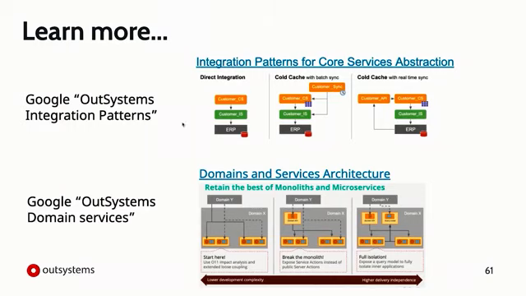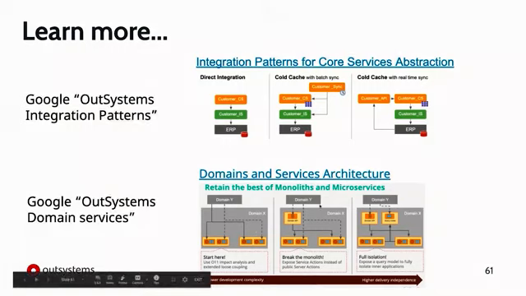Or if you're already handling a very large factory where you need to segregate different domains of applications supported by different teams, then you can take a look at the OutSystems domain services for some microservices patterns.